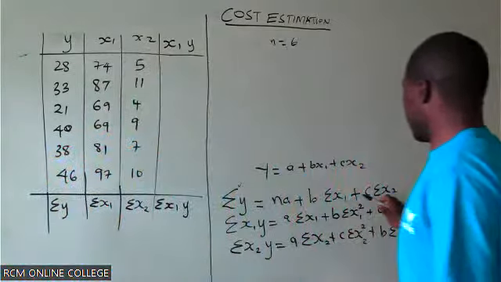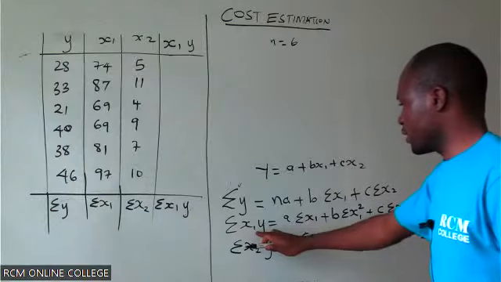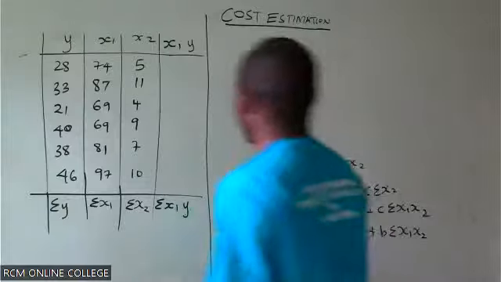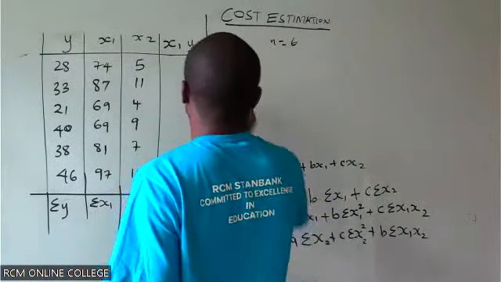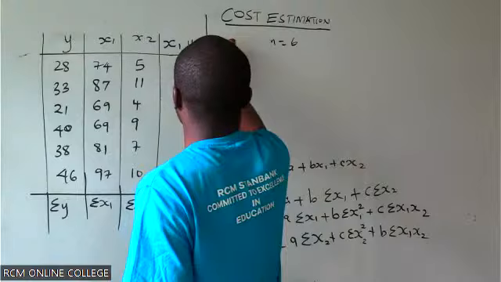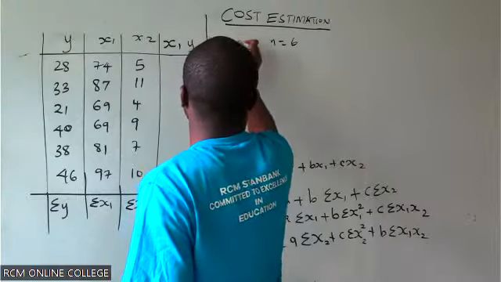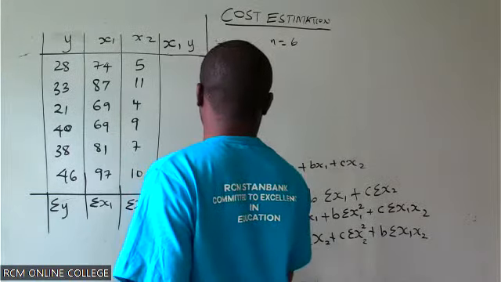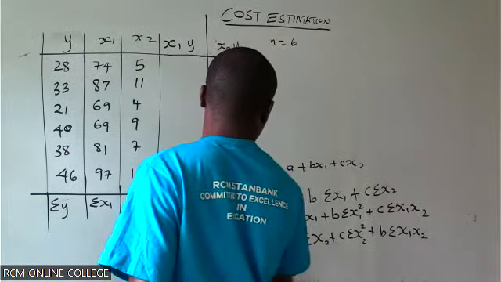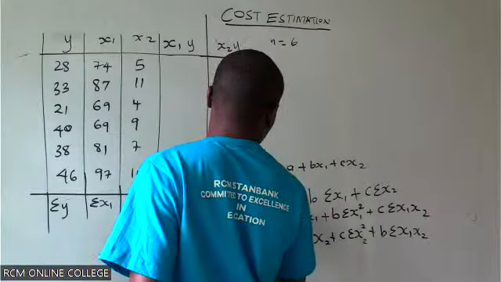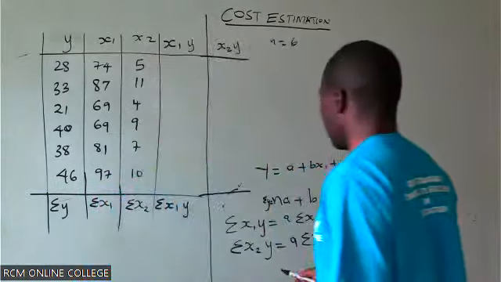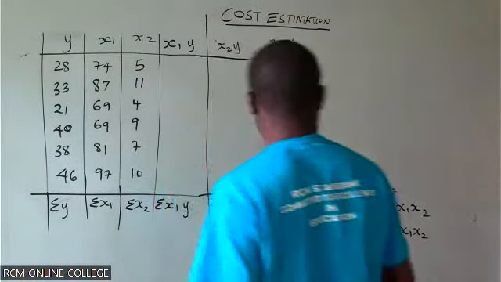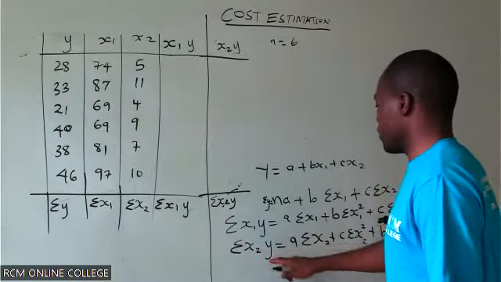Then I also need summation of X2Y. So I just move here, and then I get summation of X2Y, which will give me the summation down here. So this is summation of X2Y. I have it now.